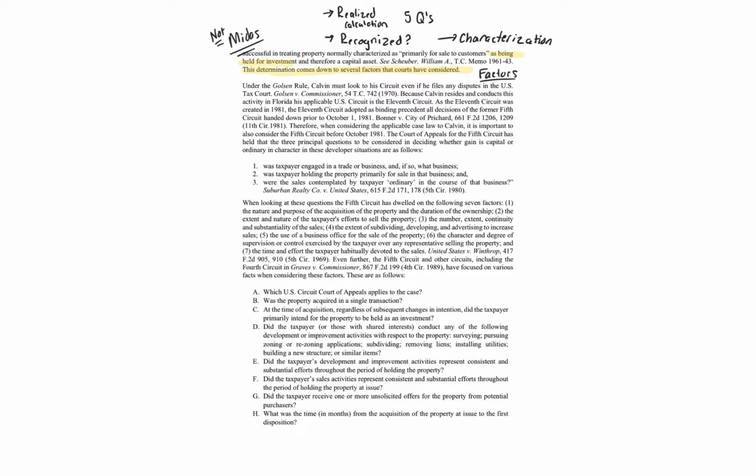There's two outcomes. We have on one side ordinary, and on the other side capital. Based on various factors, we're going to answer questions, and that question might move us from one side of the scale to the other.